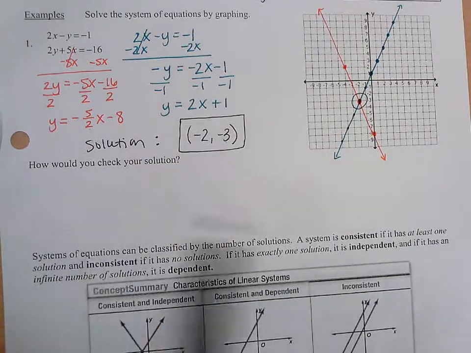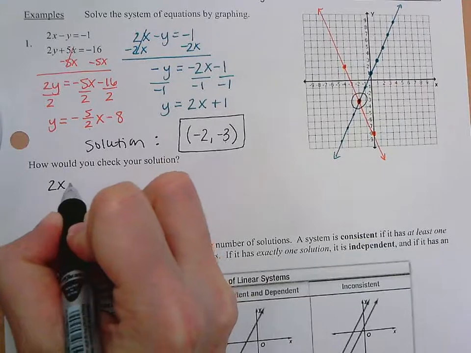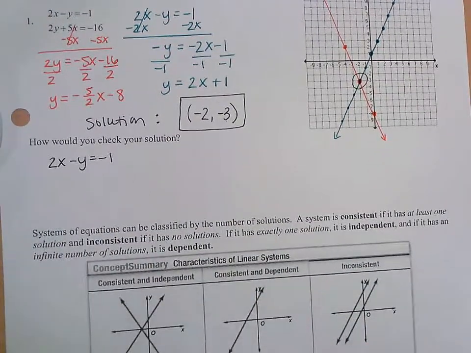So if I were to do that, if I did it in 2x minus y equals -1, I'm not going to ask you to show me that you're checking it, but I'm just reminding you of this because when you're solving systems of equations, between today and tomorrow, and even thinking ahead to a quiz or test on this, you can check your answers. You can know whether or not they're correct.